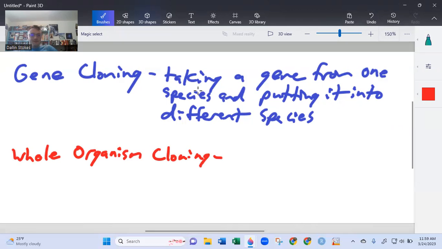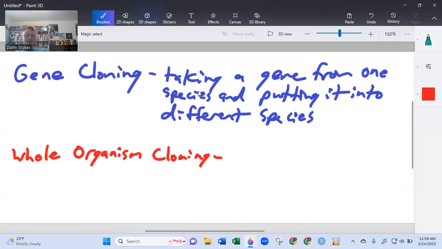And this one's different. Rather than taking a gene out of one species and putting it into another to change that species, to give it a new trait, in this case, I'm trying to take an individual and make an entire individual that's 100% identical to that person on a genetic level.